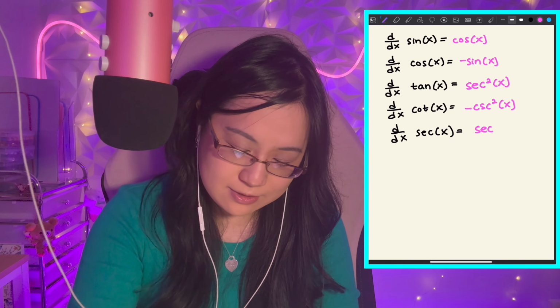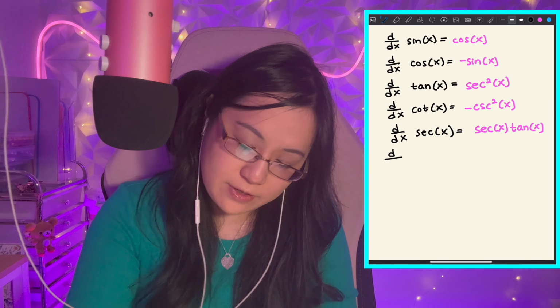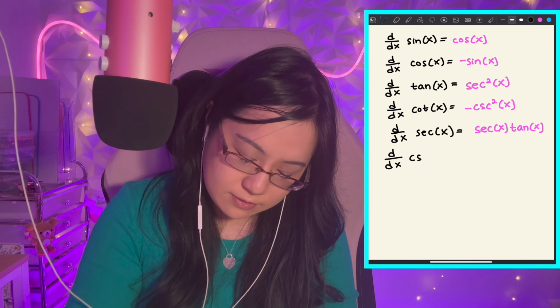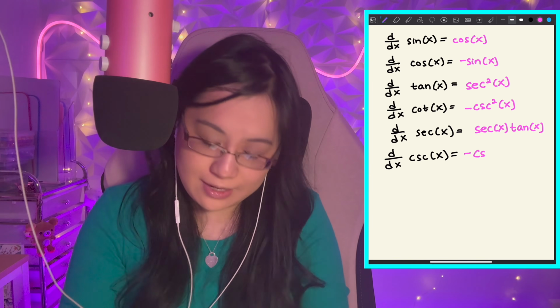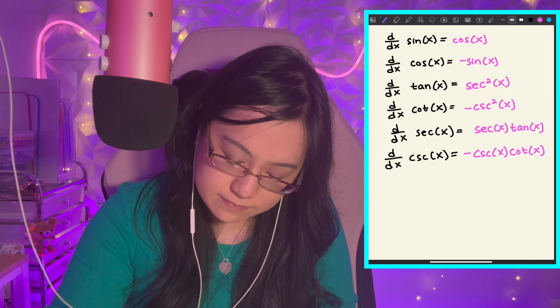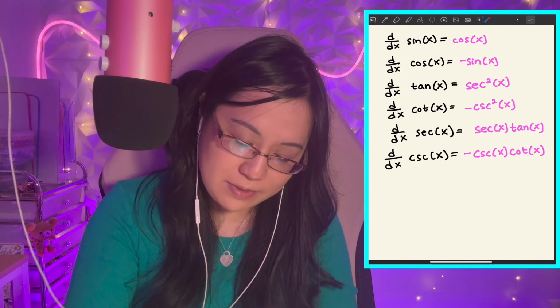Secant tangent. The derivative of cosecant is negative cosecant cotangent. And there you have it. We have all of them now.